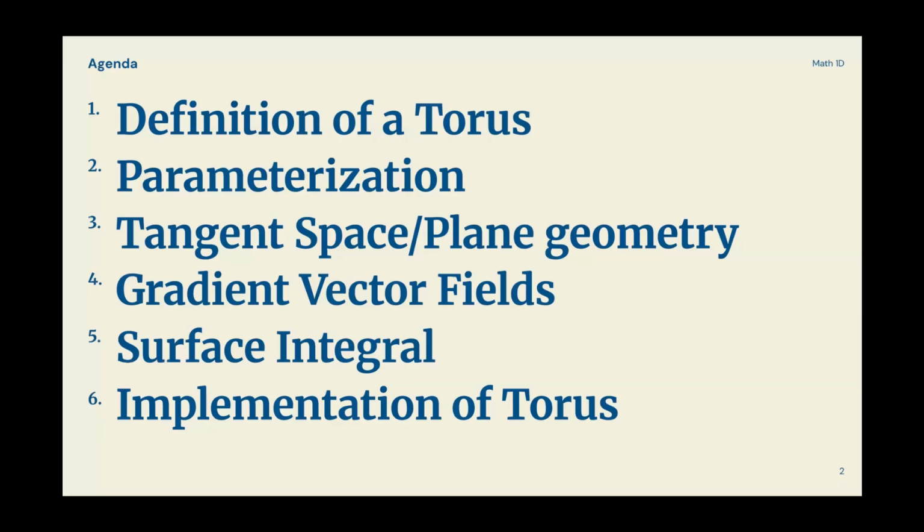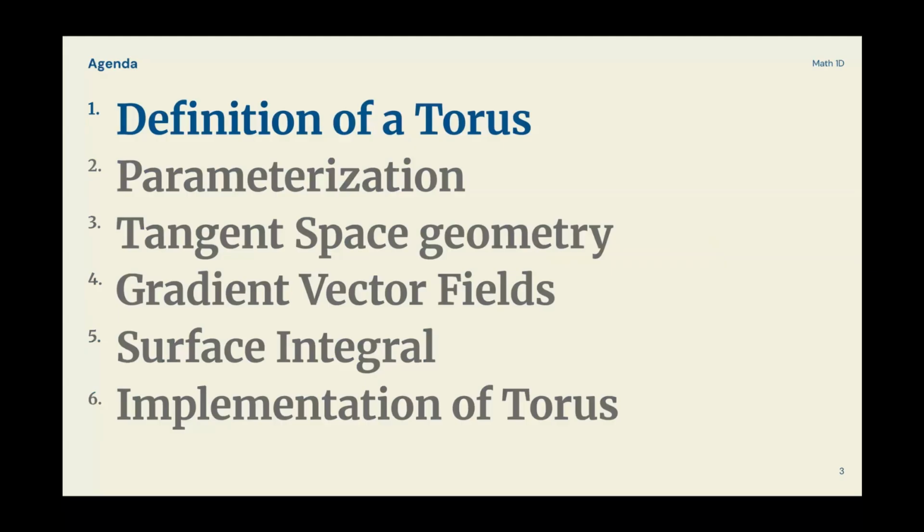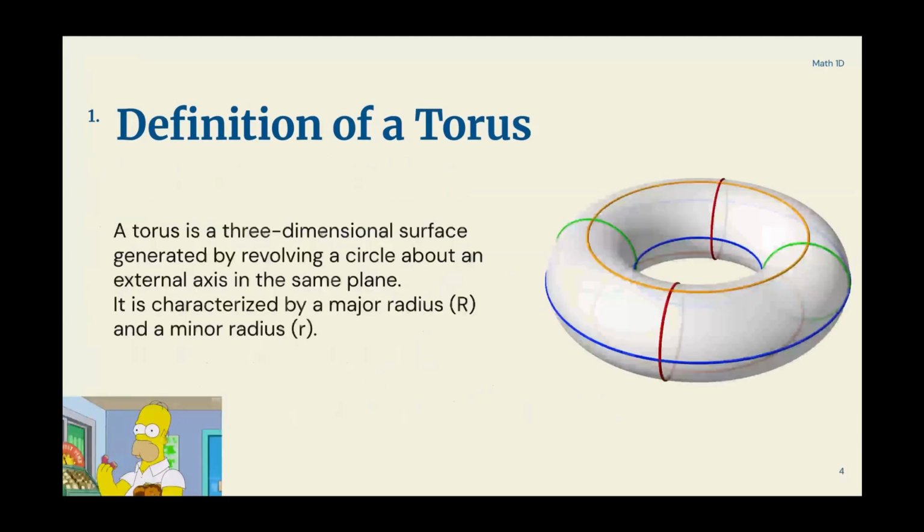Let's begin. Definition of a torus. Well, it's not hard to understand a torus, right? It's just a donut. It's basically any donut that you can buy in any donut shop. The mathematical definition of a torus is also kind of easy. It's basically 2 radii, the big R and the small r.